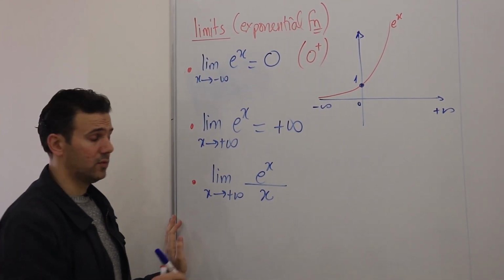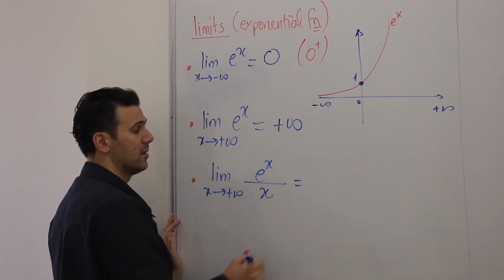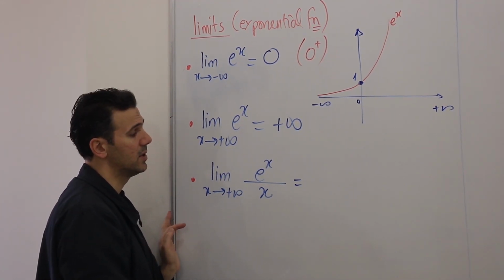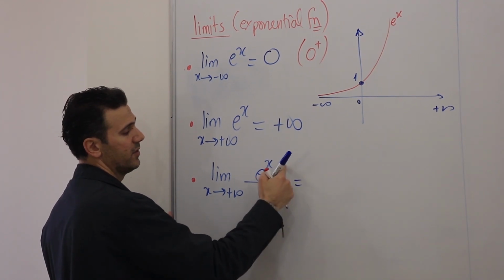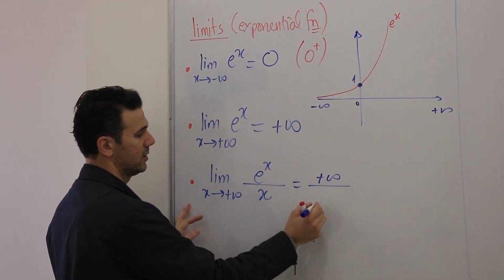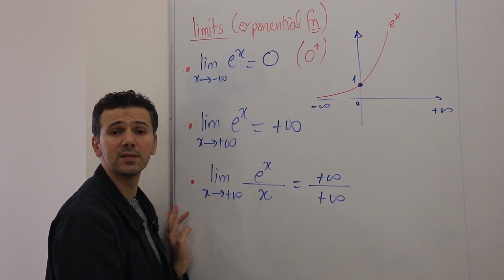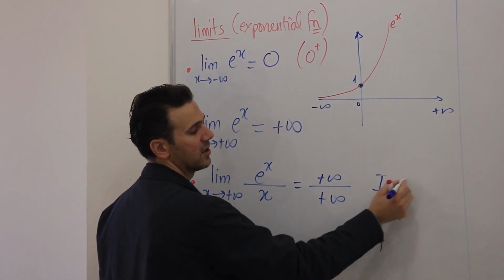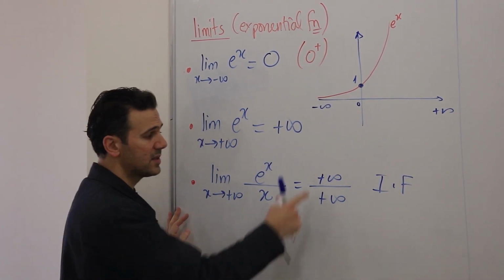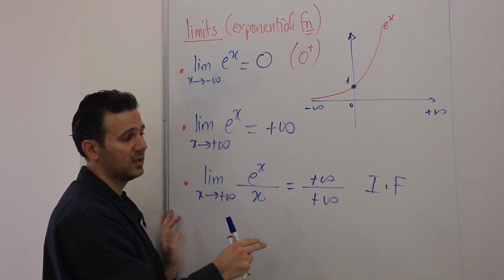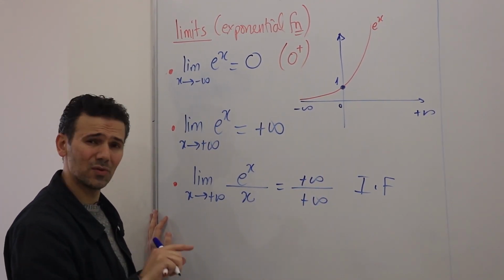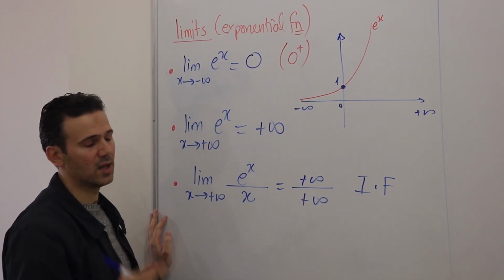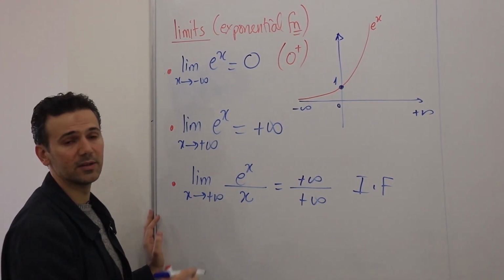If you try to calculate this limit, you will get e to infinity over infinity, which is, as you know, an indeterminate form. This indeterminate form, infinity over infinity, and another case, 0 over 0, in these two cases we can, as you know, apply L'Hopital's rule.